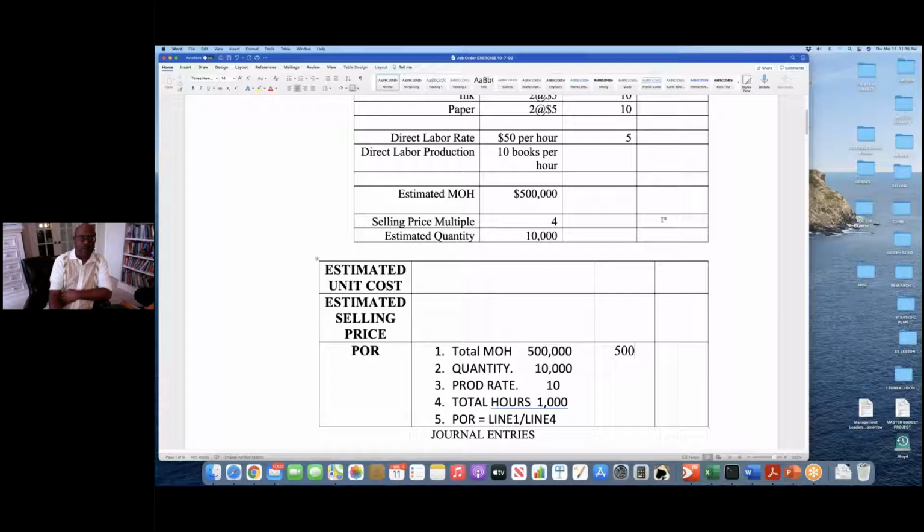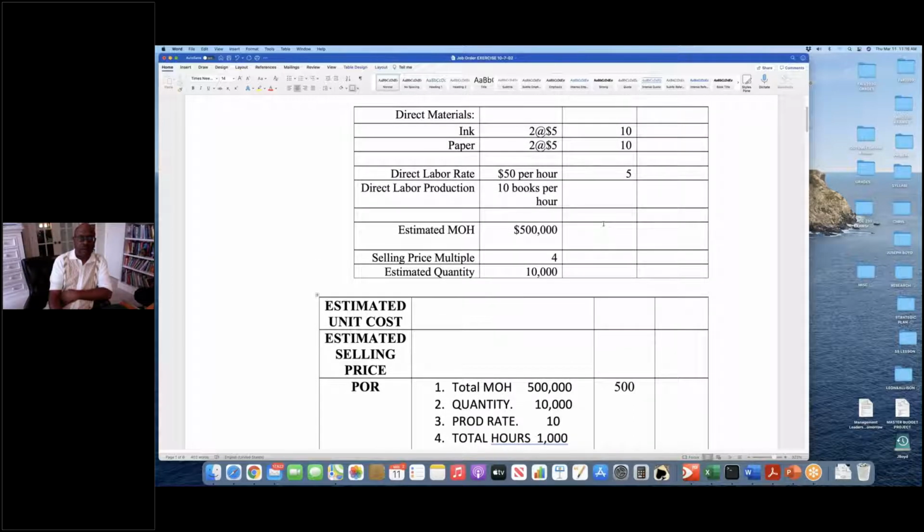Okay, but when we get ready to go in here and come up with the amount of this overhead on a per unit basis, what are we going to do? We're going to get the POR and then we will divide it by the productivity rate.